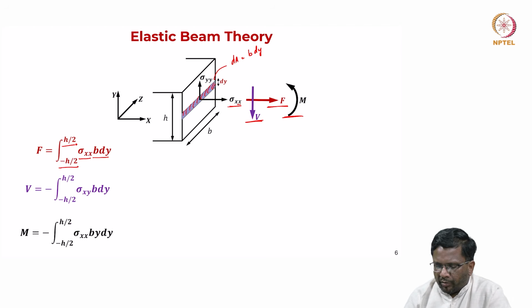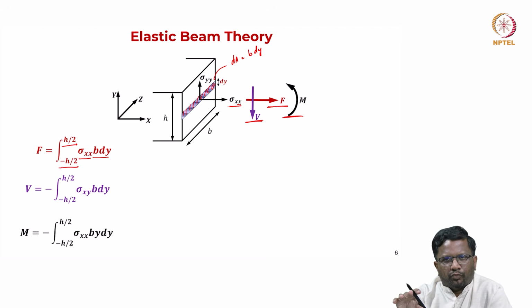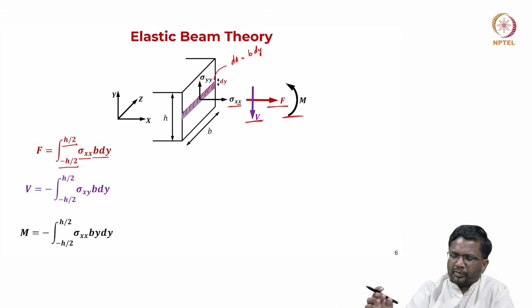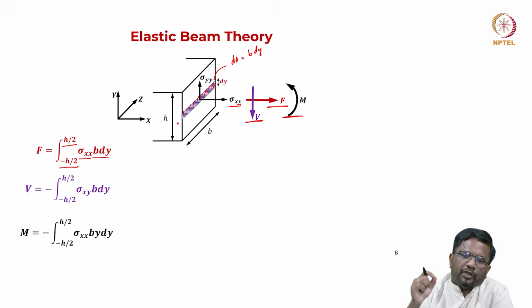Now, how about bending moment? Bending moment, we know, is again force into the distance at which the force is acting. For each elemental strip we take, we can calculate how much force is generated and the distance at which it acts. The force remains the same, sigma xx into b into dy, but that element area is at a distance y from the neutral axis.